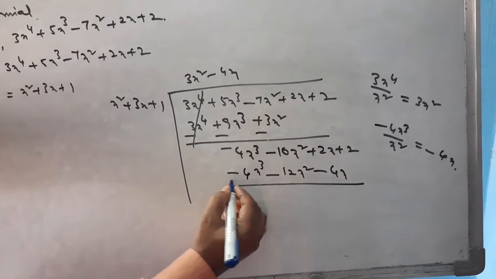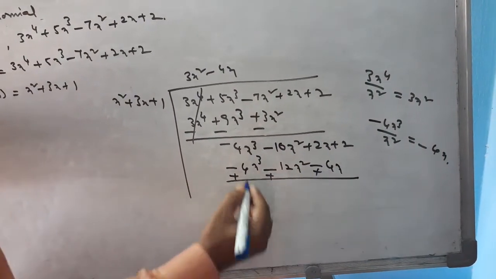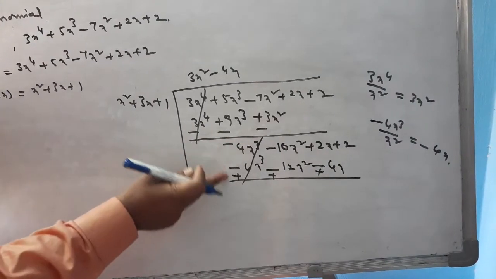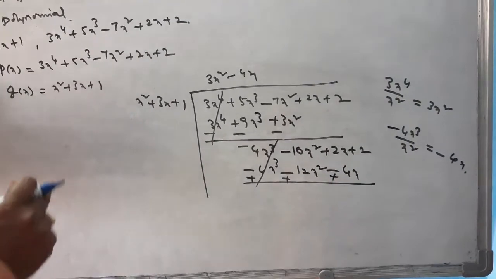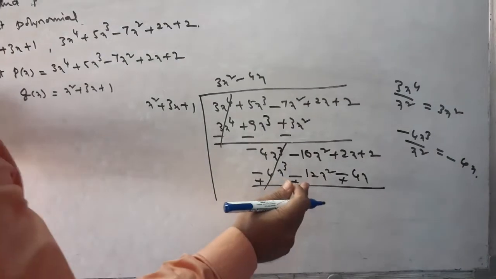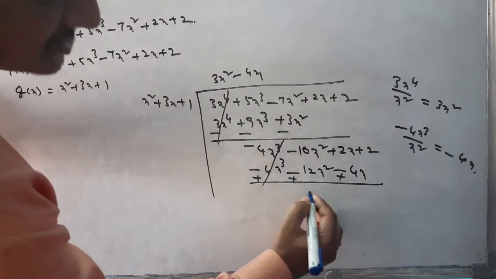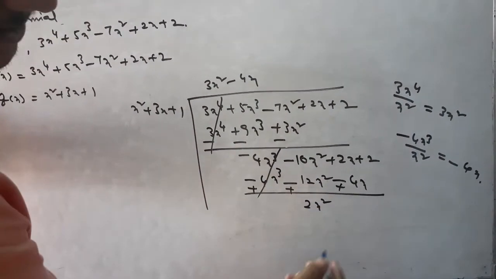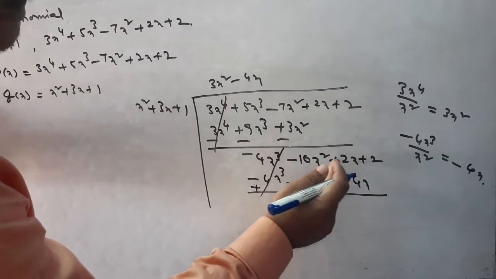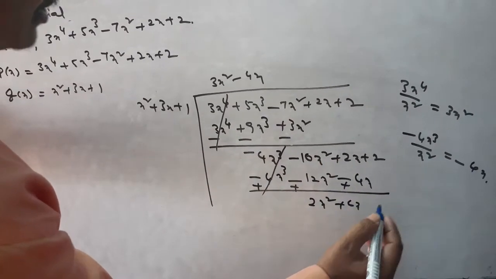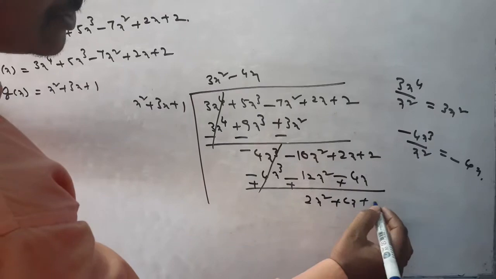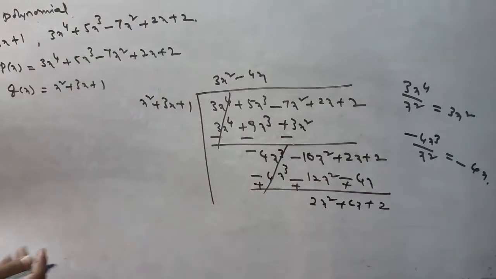The signs will be changed, plus plus plus. Here the both are same but they have different signs, so they will cancel. Here plus 12x square minus 10x square, we will get 2x square. Here plus 4x plus 2x, 6x, plus 2.